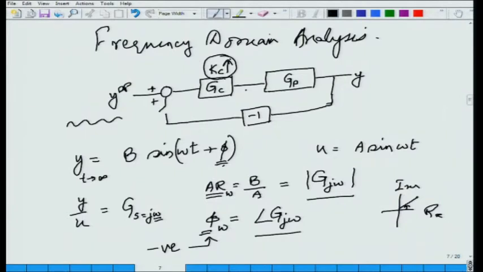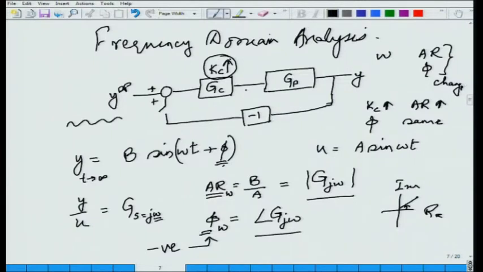So, as Kc is increased, the amplitude ratio will go up, the phase angle will remain the same. As omega, the forcing frequency, is changed, the amplitude ratio will change and phi will also change; both will change.